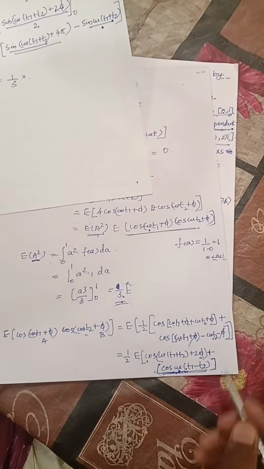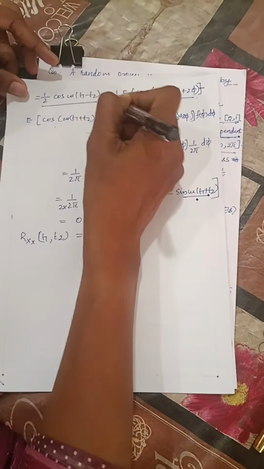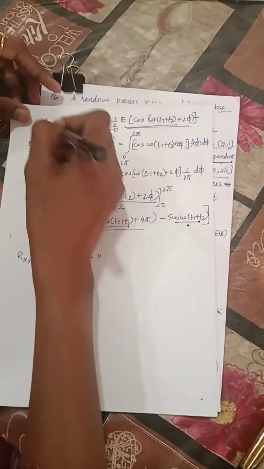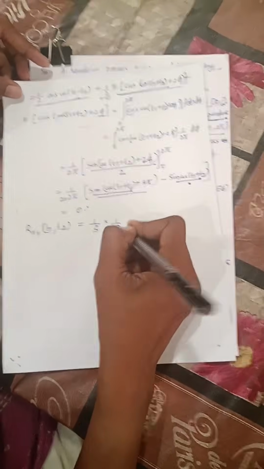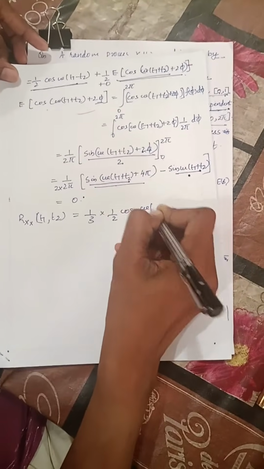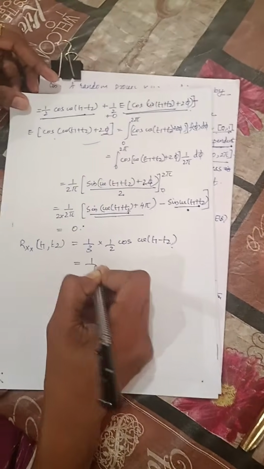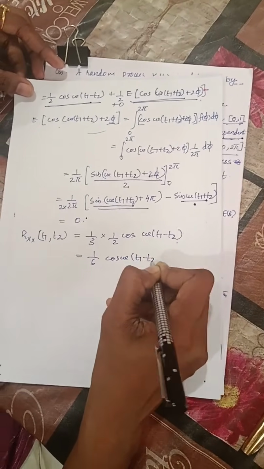This is obtained as the first term plus 0, because the second term became 0. So this is the first term, 1 by 2 cos omega t1 minus t2. That is 1 by 6 cos omega t1 minus t2.